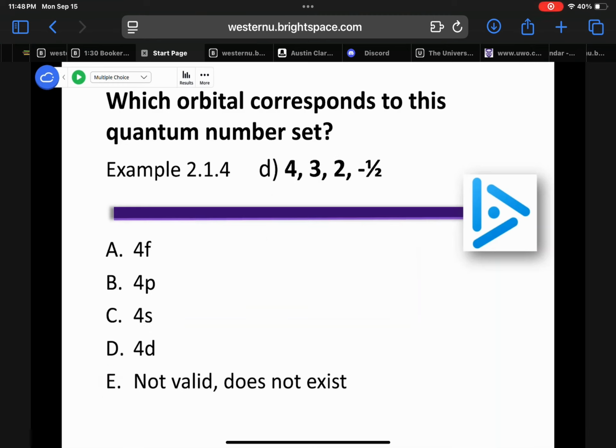Okay, let's do the next one, part D. Which orbital corresponds to this quantum number set, if valid?